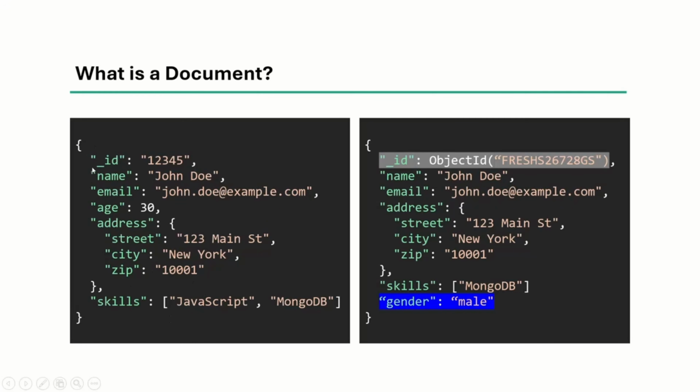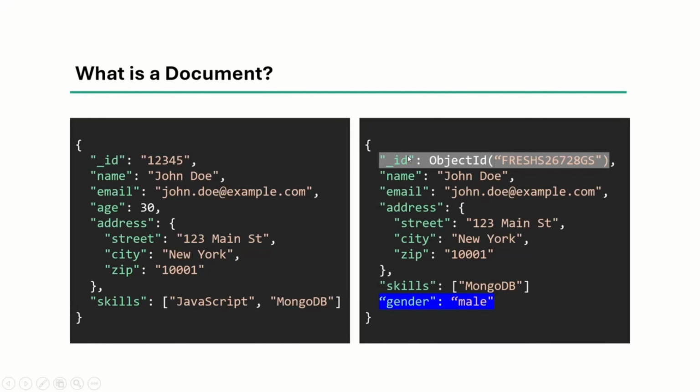There we explicitly specified the underscore ID field and we provided some value for it. So this value will be saved for that underscore ID field in the document. But let's say for this document, when we were inserting it, we did not specify the underscore ID field at all. At that time, MongoDB will create this underscore ID field implicitly and it will assign it an object ID.